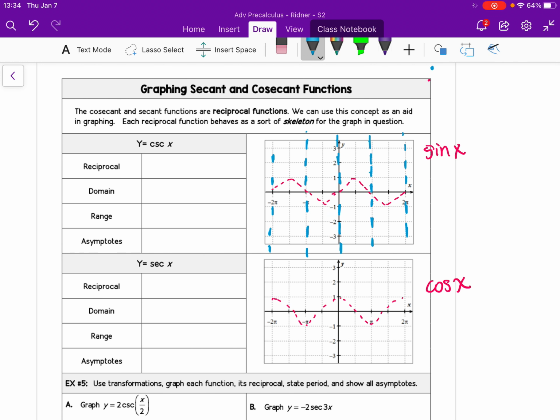Could I make my table values again? Absolutely. But basically it is the reflection of the sine curve going upwards and down and down and up.